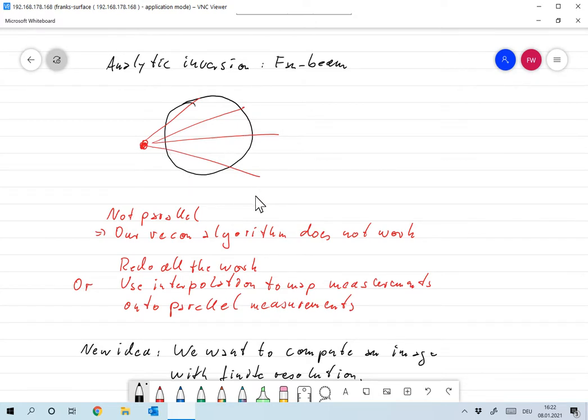This is definitely not what we described as parallel geometry. That's only true if that point over here is infinitely far away. So at face value, the reconstruction algorithm that we derived simply doesn't work here.